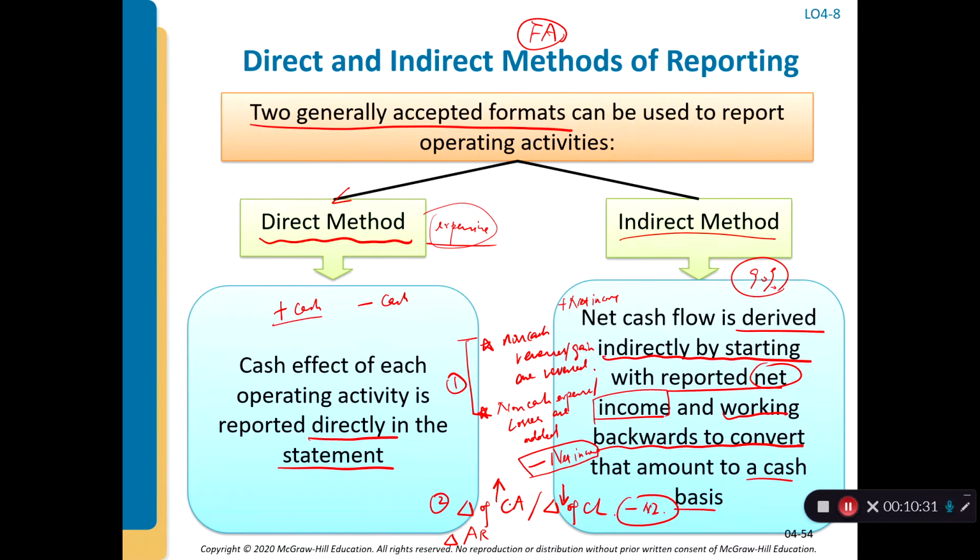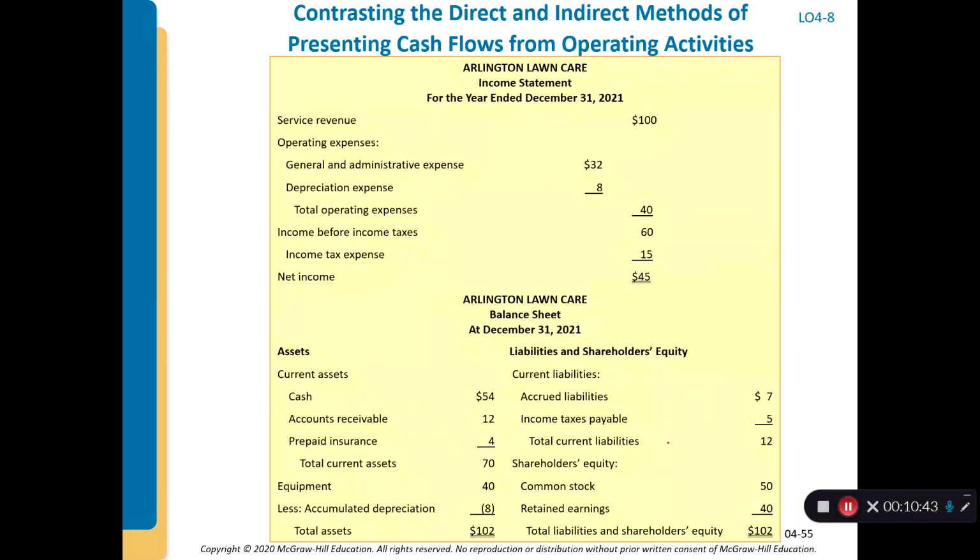But if you have a decrease in a current asset and an increase in a current liability, then you have to add back to net income. This is something we covered in financial accounting, but we can do a deeper review of it. We want to present the contrast between the direct versus indirect method of cash flow from operating activity.